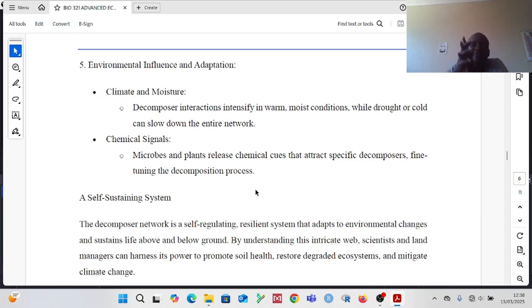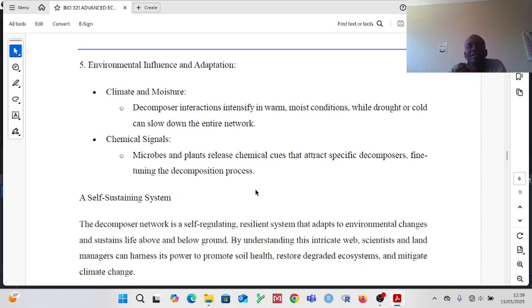Environmental factors will influence this process because decomposer interactions will intensify in a warm and moist environment. So it means then the climate and the level of moisture. When the temperatures are relatively warm and when there is more moisture, then we expect to have a higher interaction, a higher presence of microorganisms.